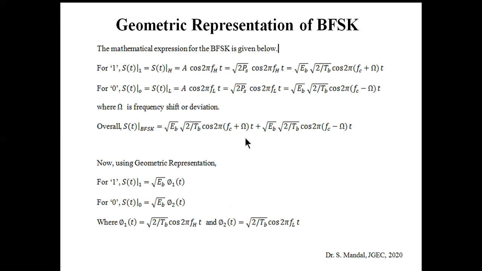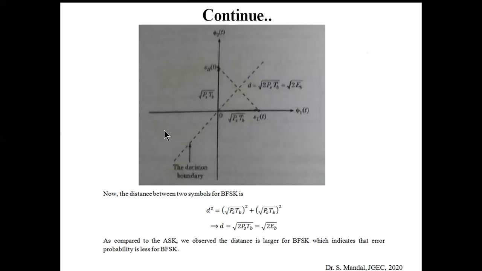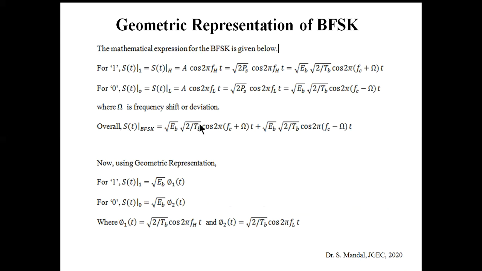So first, by using the first product modulator, we generate this, and by using the second product modulator, we generate this, and after that, if we add them, we ultimately get binary frequency shift keying. So the level shifter introduces an amplitude of root over EB by 2 by TB, and this is basically the corresponding carrier for the first product modulator, and this one, root over 2 by TB cos 2π(fc minus ω)t, is for the second product modulator.